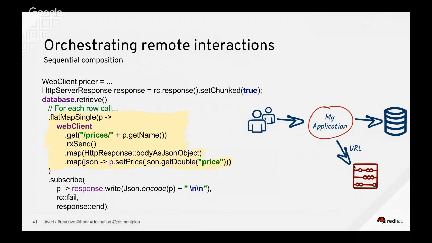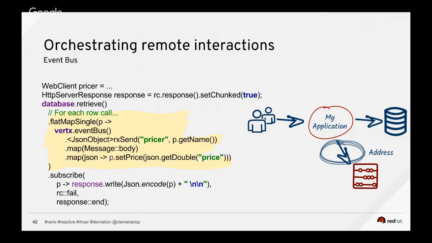The issue here is that I depend on one process service, and this is not really what we had in mind with Reactive System, where we need to send messages to an address and not to a specific recipient. Vert.x comes with a clustered event bus, and instead of using the web client and pointing to a URL, we can just say, hey, send it to this address here, and whoever is listening to this address is going to reply to my message in an asynchronous way.